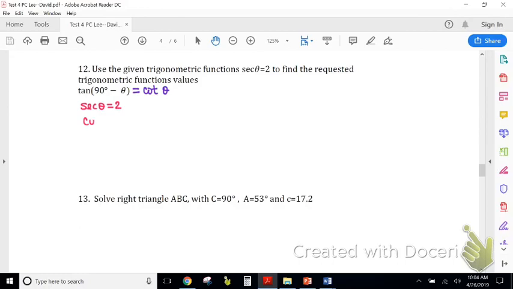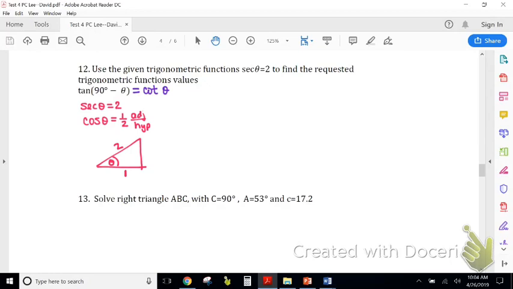So in that case, we also know that cosine of theta is equal to the reciprocal, right? So 1/2. And so cosine is adjacent over hypotenuse. To me, it's easier to use the main 3, so that's why I went ahead and did it, though you could have done it from secant. So when we look at this triangle, this is my theta. We know our adjacent is 1, and our hypotenuse is 2.